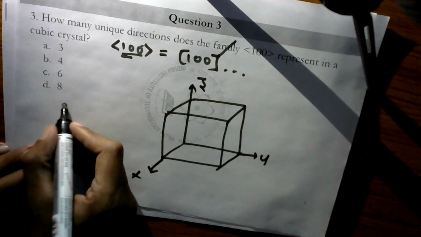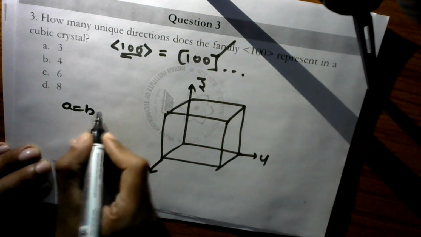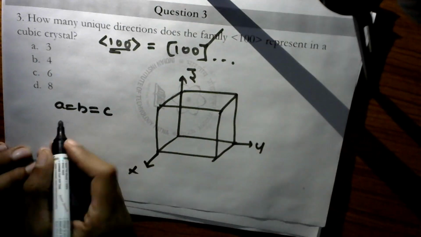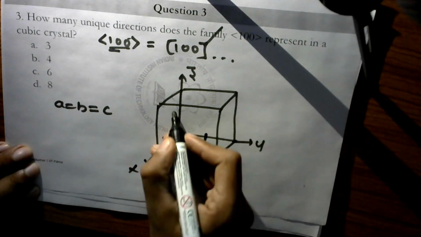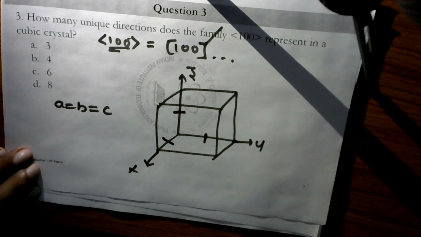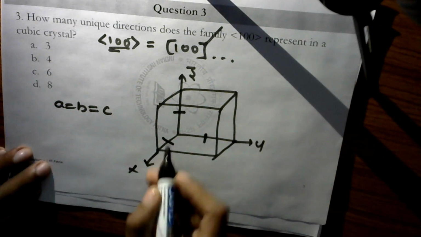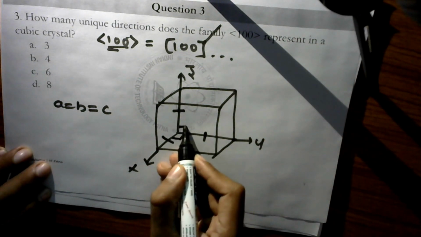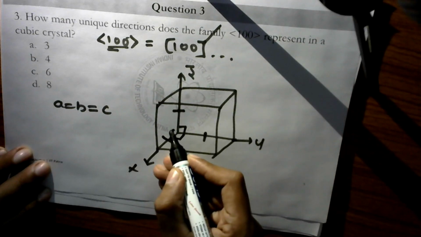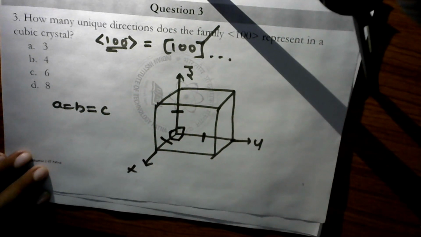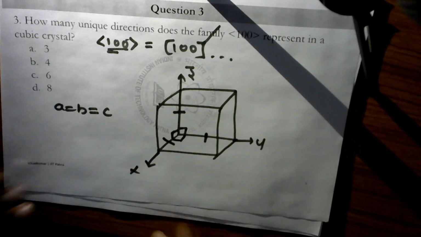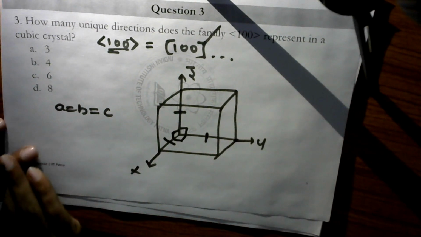In the cube, I know that a equals b equals c, and also all the angles are 90 degrees. So these lengths are all equal to each other, and they are all separated by the same angle, 90 degrees. So all these directions will correspond to a family.